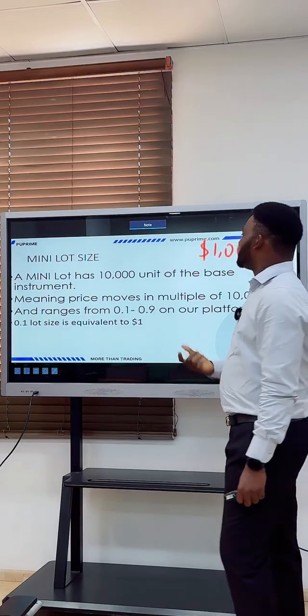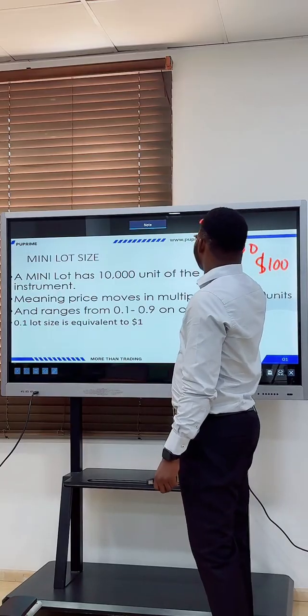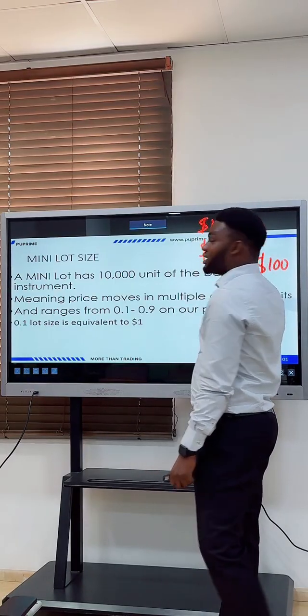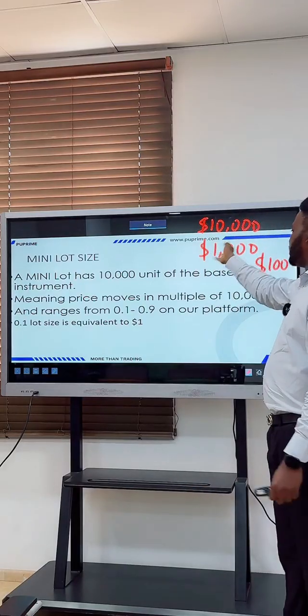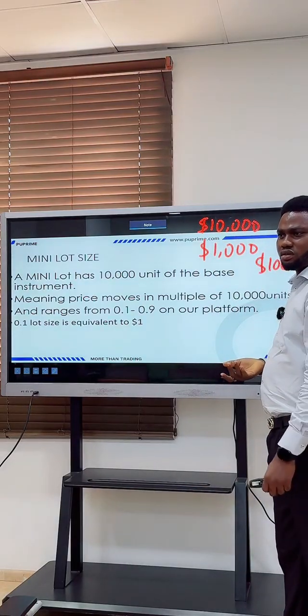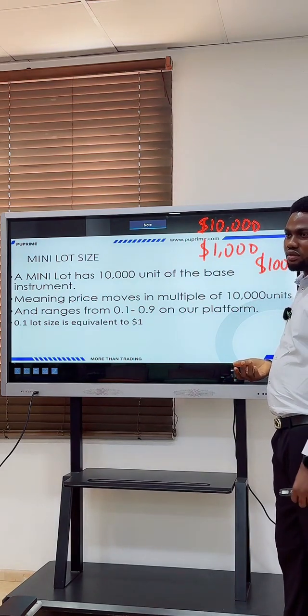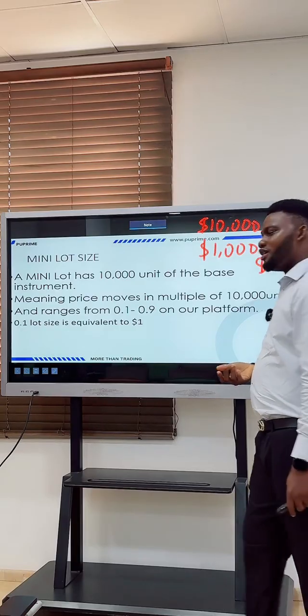Are you getting it? Someone that has maybe a $10,000 account can take more risk than the two of them. Don't you think the larger the money, the larger the gain? This is the minimal loss.